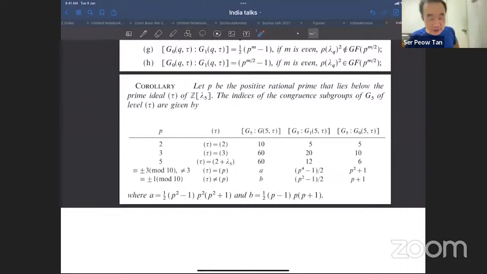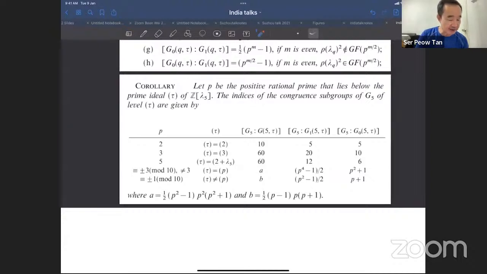Okay, let me recap. This is the arithmetic part of the talk. I have the Hecke groups GQ. Since they sit inside some group whose entries are inside a certain ring, I can define certain congruence subgroups, and then I can ask questions like, what are the indices and the various geometric invariants of these congruence subgroups?